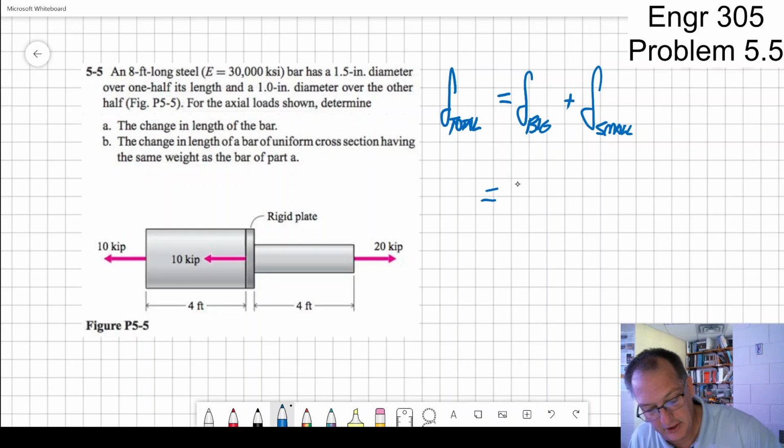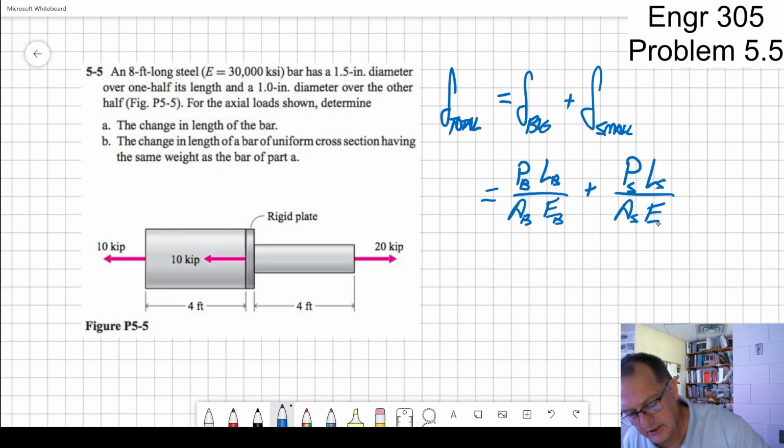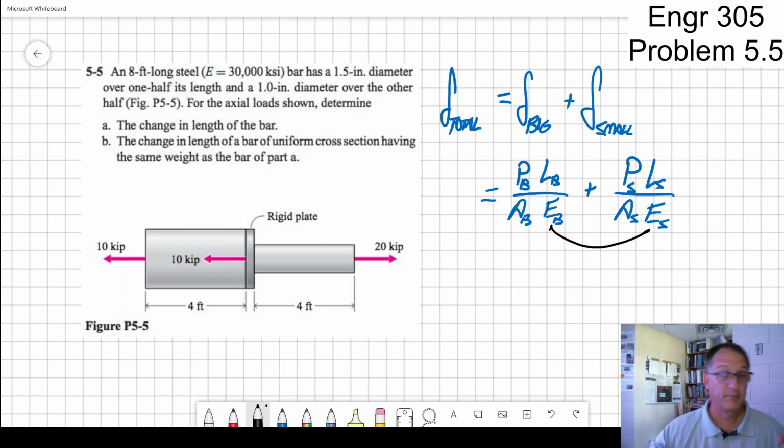That deflection is equal to P, and I'm just going to say B because that's big, length of the big, area of the big, Young's modulus for the big, plus the load in the small, the length of the small, the area of the small, and the Young's modulus for the small. Now, Young's modulus for the big and the small are the same. So I could simplify this, but for right now, that's fine.